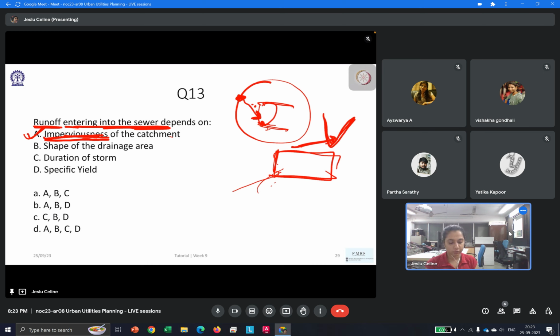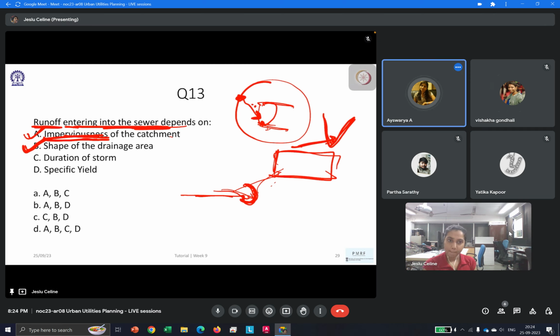If you have the runoff like this, you just dig something and place a circular conduit, and it might be easier for water to get in. So runoff entering into the sewer depends upon the shape of the drainage area. Yes. Now C, duration of storm.